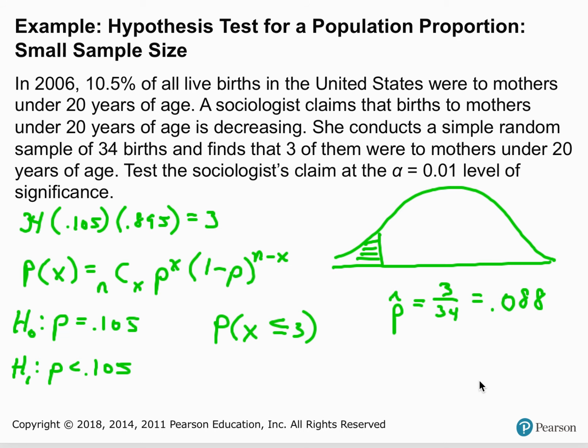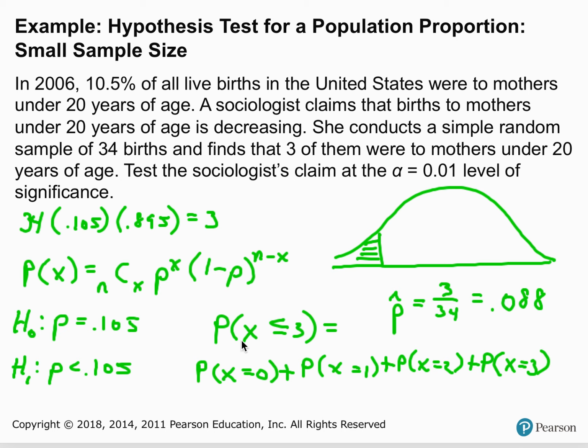Okay? Now, what we really need to do to test this, less than or equal to 3, we really would have to find the probability that x equals 0 plus the probability that x equals 1 plus the probability that x equals 2 plus the probability that x equals 3. Right? That would be the same thing as the probability that x is less than or equal to 3.